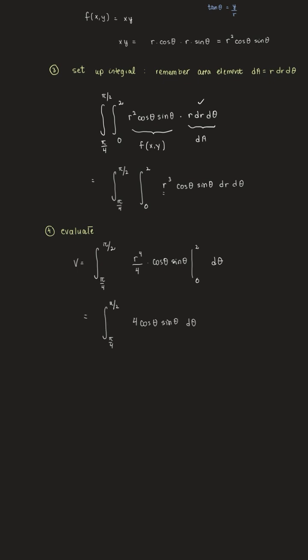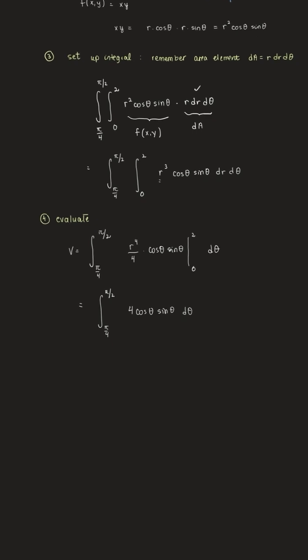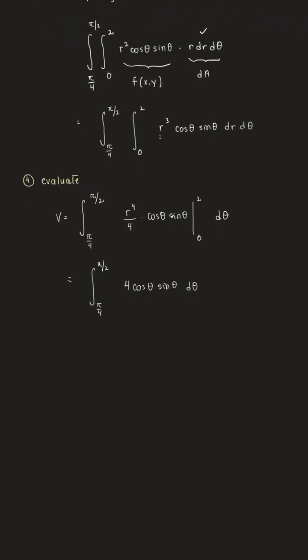We could do a couple of things here. We could realize that we could use an identity here if we want to, and remember that sine 2 theta is 2 times sine theta cosine theta. We can do that, or you could do a u substitution if you would like to, and let either u be sine or cosine.